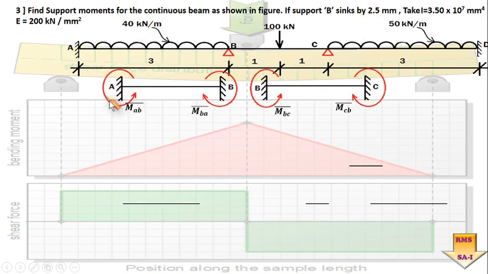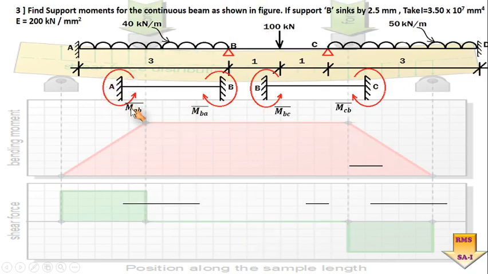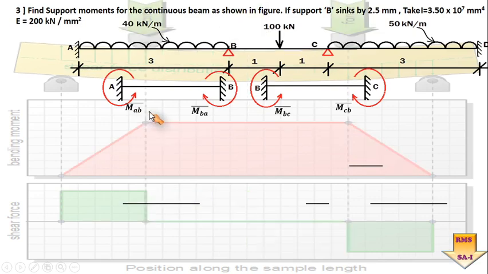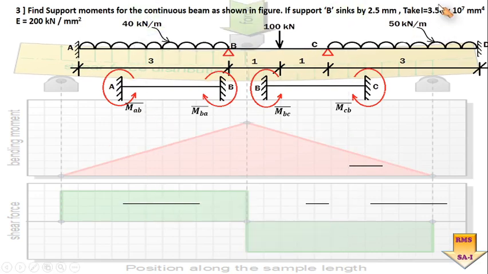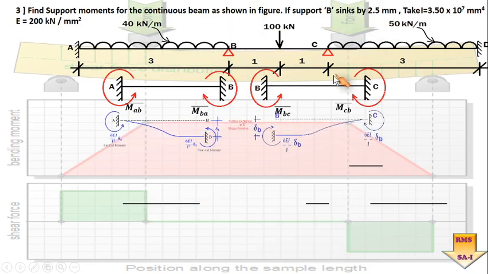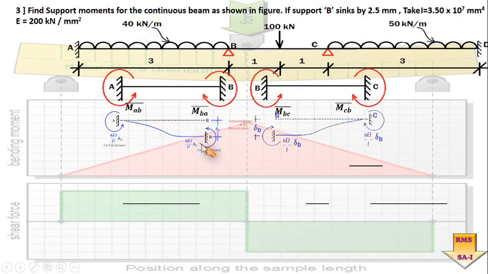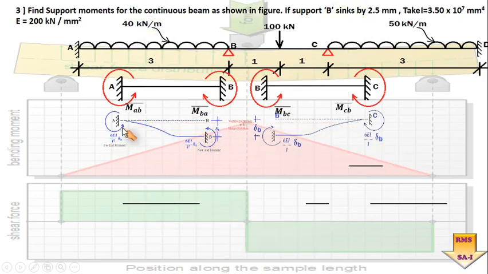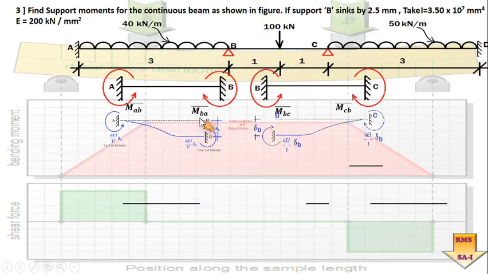So apart from this fixed end moment, one more effect is going to take place about that particular individual joint, and that effect is due to the sinking. So let us see what that effect is. Here you can see joint B is moving in the downward direction, and this is the free body diagram for the sinking effect for span AB.